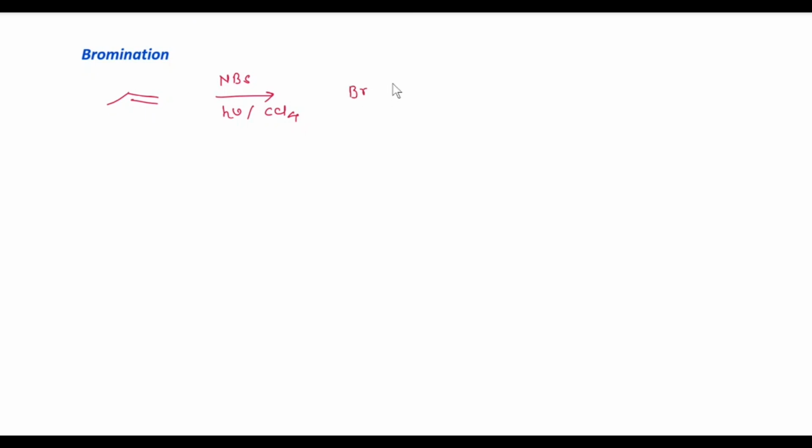We get this brominated product. This is the allylic carbon. The position in which an sp2 carbon is directly attached to an sp3 carbon, this sp3 carbon is called the allylic position.